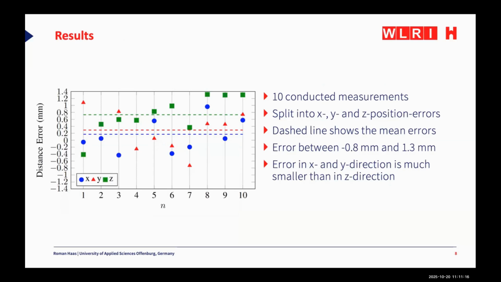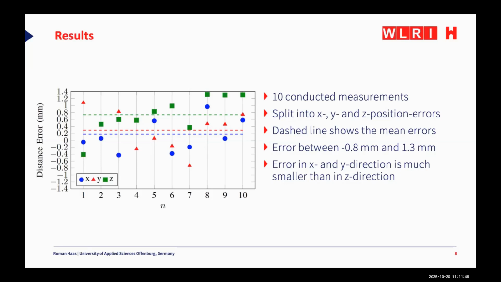And we see X in blue, Y in red, Z in green. We conducted 10 measurements with the same robot poses, and we split it into X, Y, and Z position values. The dashed lines show the mean errors, and we get an error between minus 0.8 and 1.3 millimeters. The error in the X and Y direction is much smaller than the Z direction, as we see here.